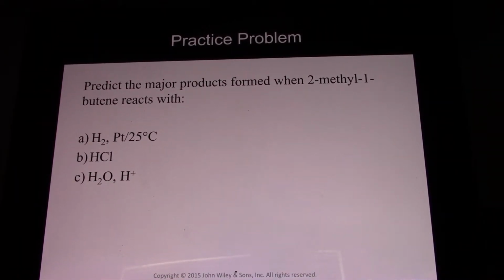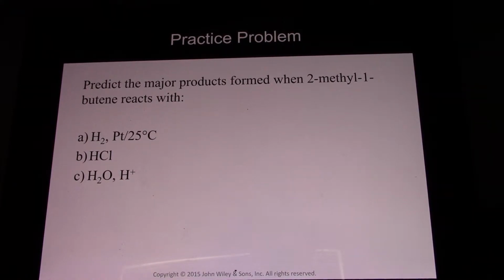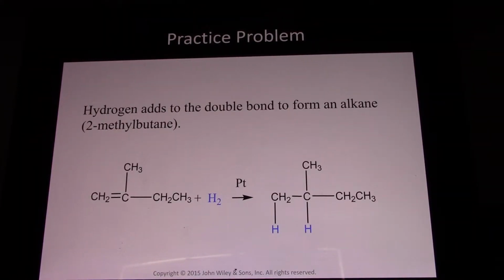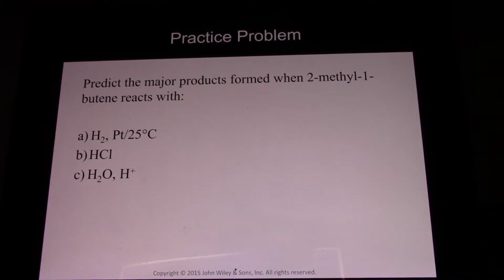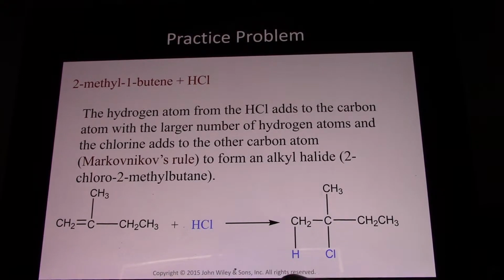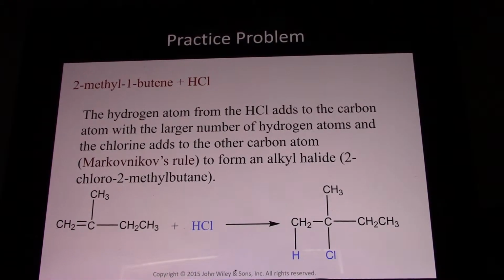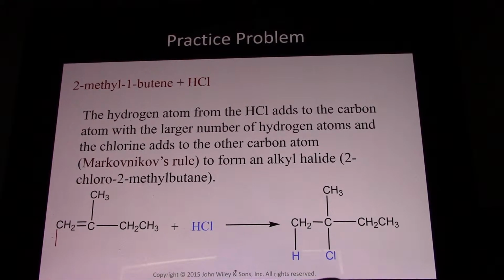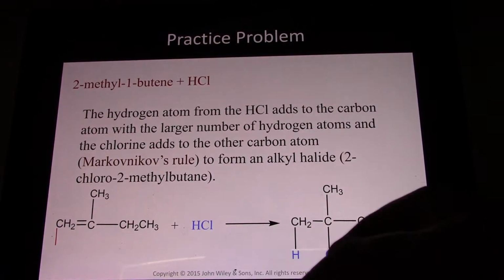Predict the major products formed when 2-methyl-1-butene reacts with hydrogen. Well, we're going to hydrogenate the double bond, and we get a saturated alkane. If it reacts with hydrochloric acid, it's going to add, but due to Markovnikov's rule, this carbon would get the positive charge. This carbon would get the hydrogen.